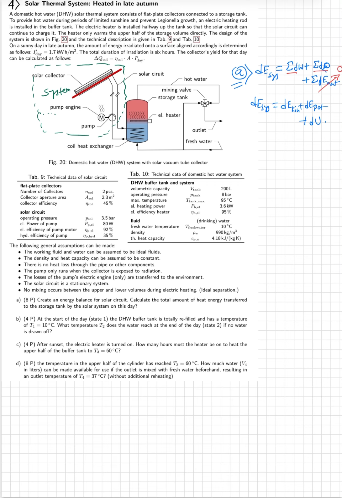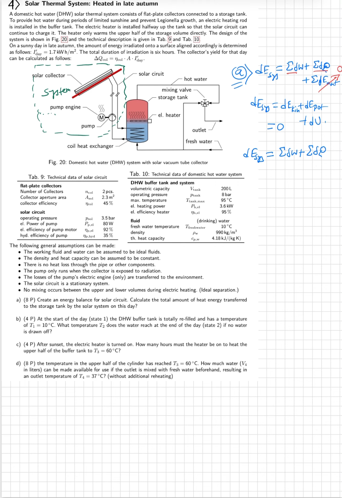So here there is no storage, like no energy storage, and it's a steady state problem. So it all would be 0. So now we only have the system change that is equivalent to the summation of work transport and summation of heat transport.